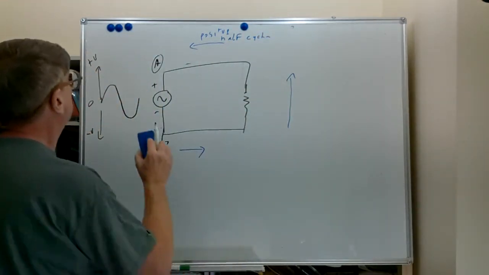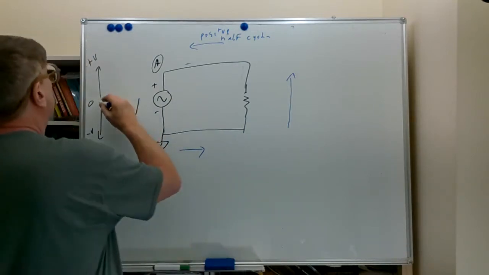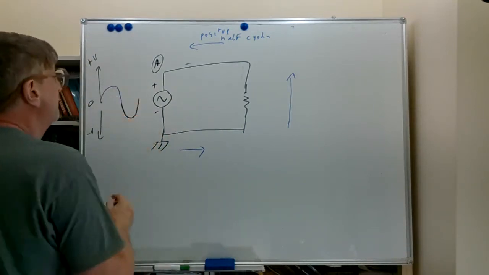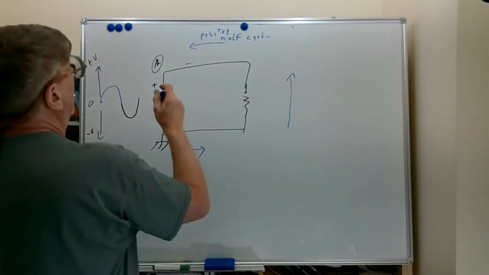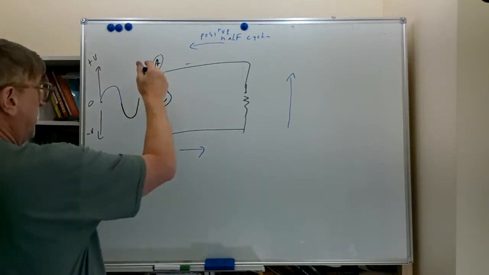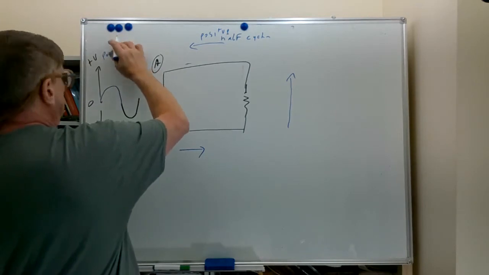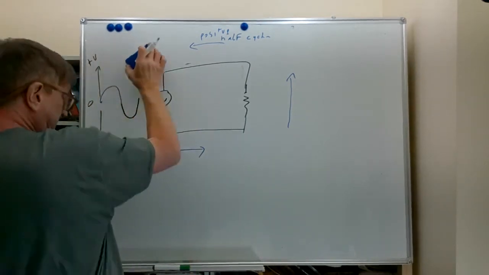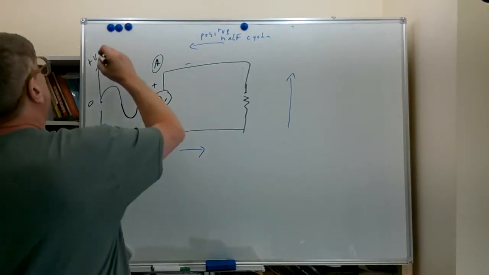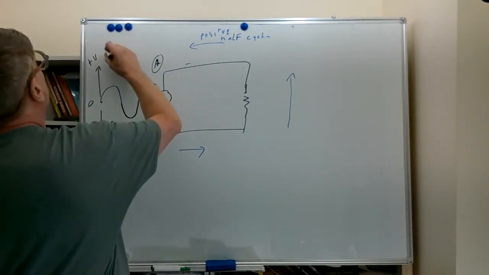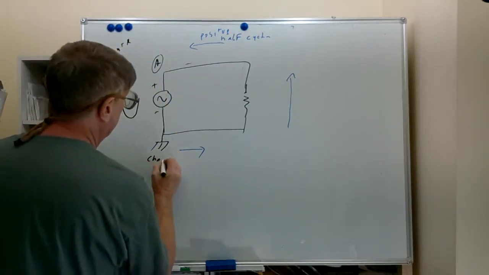And I'm even going to go a little further. I'm going to draw that part of it in blue to help you see what's going on here. So this blue positive half cycle will give, at point A, which is what I'm measuring, the voltage at point A relative to my chassis ground.